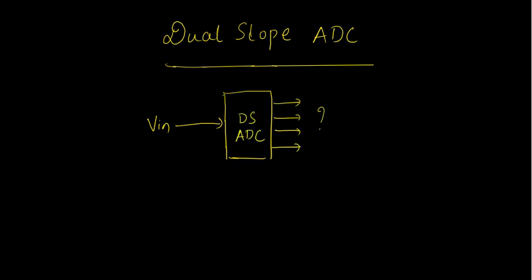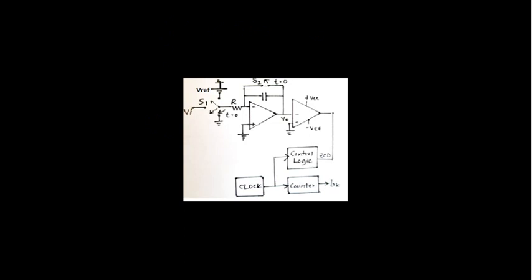Now, in order to understand the working of the dual slope analog to digital converter, let us go into the circuit details of this. Please look at this diagram carefully. So this is the circuit diagram of the dual slope analog to digital converter, wherein you have one integrator using the operational amplifier, capacitor and resistance.